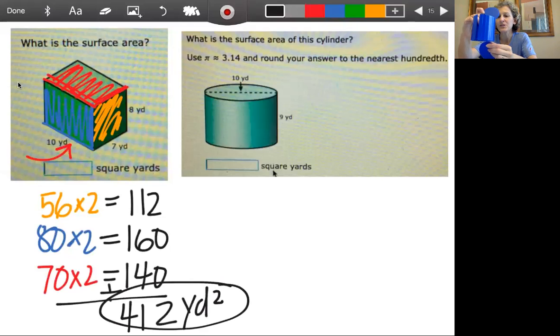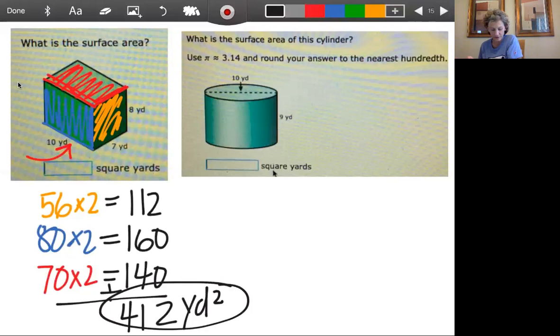The bottom is a circle. And if I take this apart, or if I take a label off a can, for example, it is a rectangle. And that rectangle's dimensions are the height of the cylinder times the circumference. The circumference will be the length of the rectangle.